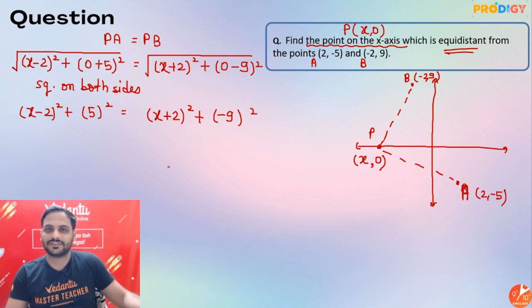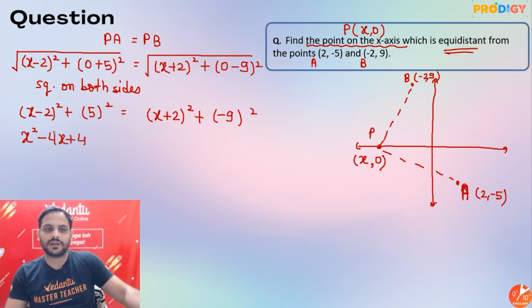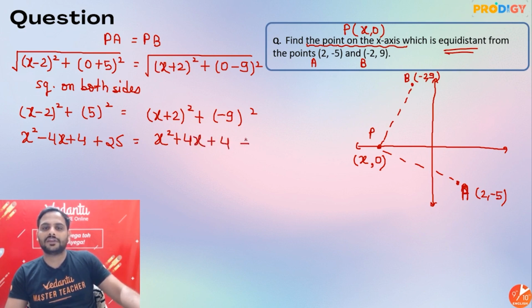Now let's solve this. So it will be x square minus 4x plus 4, using a minus b whole square, a square minus 2ab plus b square, and plus 5 square is 25, and here a square plus 2ab plus b square and minus 9 whole square is 81. X square and x square got cancelled, plus 4 and plus 4 got cancelled.